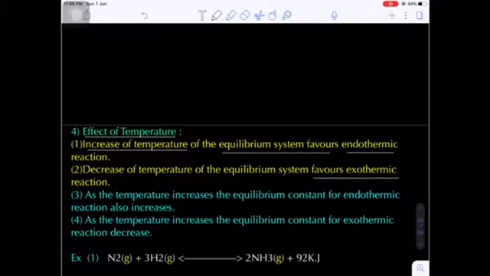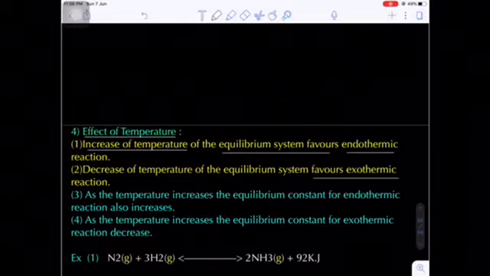Why? Because when we increase the temperature, the system tries to decrease the temperature. So the temperature has to be absorbed in the form of heat energy. That means the reaction moves in the direction where heat energy is absorbed. Energy-absorbing reactions are endothermic reactions. So if you increase the temperature, the endothermic reaction is favorable.